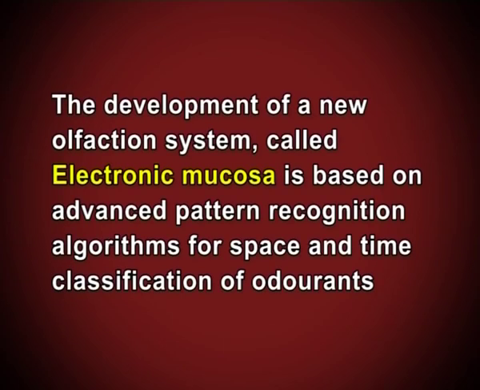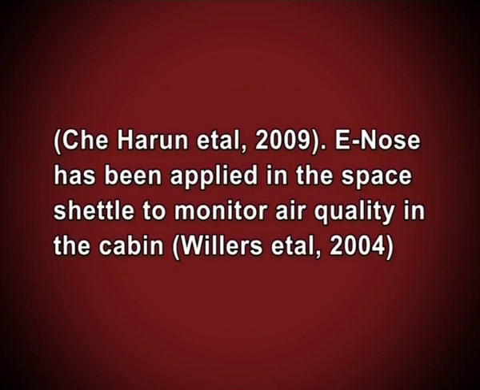Further, the development of a new olfaction system called electronic mucosa is based on advanced pattern recognition algorithms for space and time classification of odorants. Shea Harron et al., 2009. E-nose has been applied in the space shuttle to monitor air quality in the cabin. Willers et al., 2004.